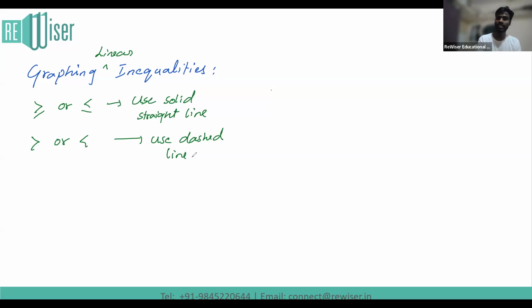And here we need to shade some region. Whenever you have y is greater than, you have to shade the region above the line. And whenever we have y is less than, we have to shade the graph below the line. So something like that.